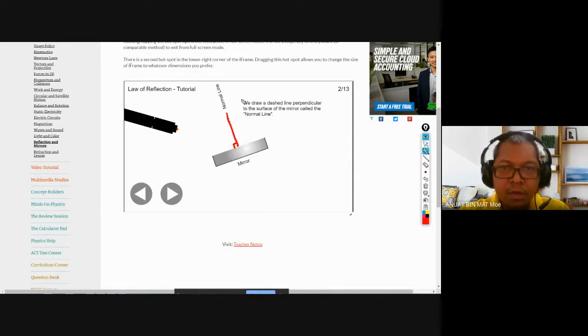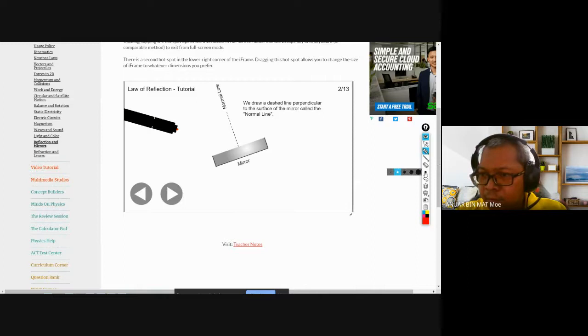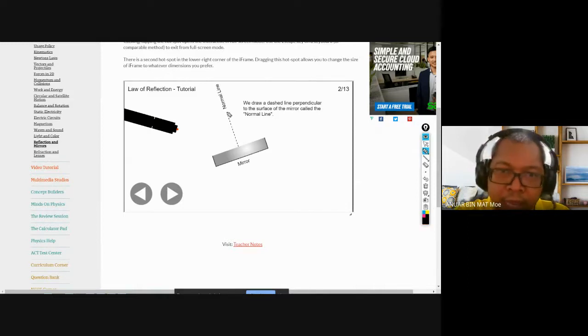Usually we draw the normal line as a dash line. We draw a dash line to indicate that this is the normal line. The normal line divides the surface, and you must remember this is at a 90 degree angle.